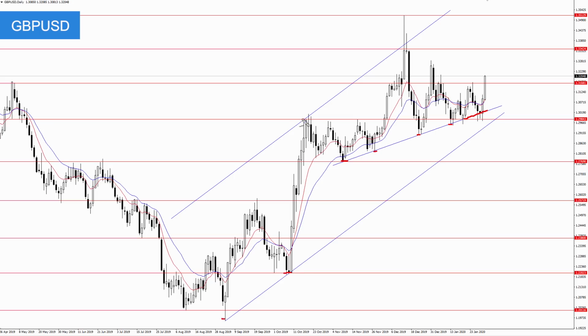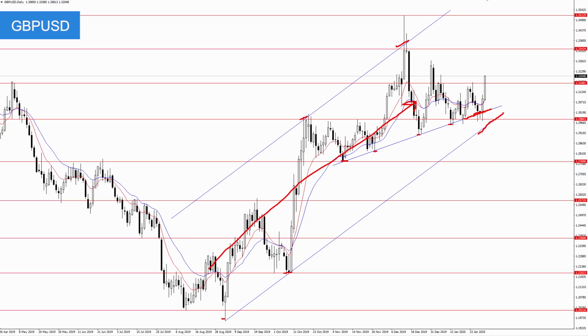So notice how this ascending channel has directed this short-term uptrend. All right, now the idea for shorts was contingent on a daily close below this ascending channel bottom. And as you can see, we never even closed below this trend line here. So the short idea was never in play. And as you can see, based on Thursday and Friday, the pound, just like the euro, could be a buy in the week ahead.